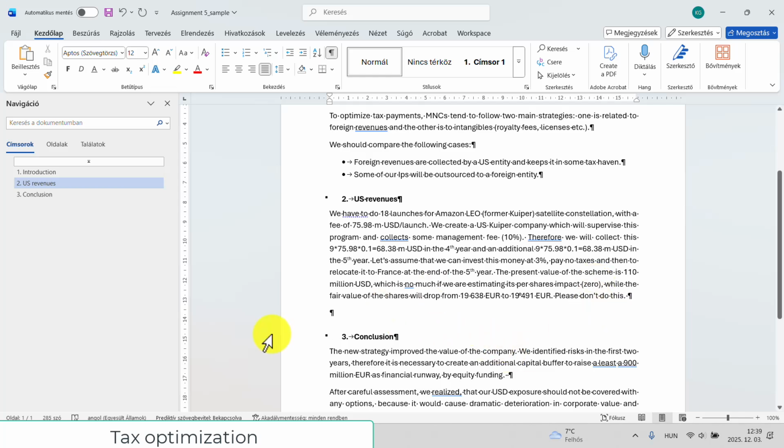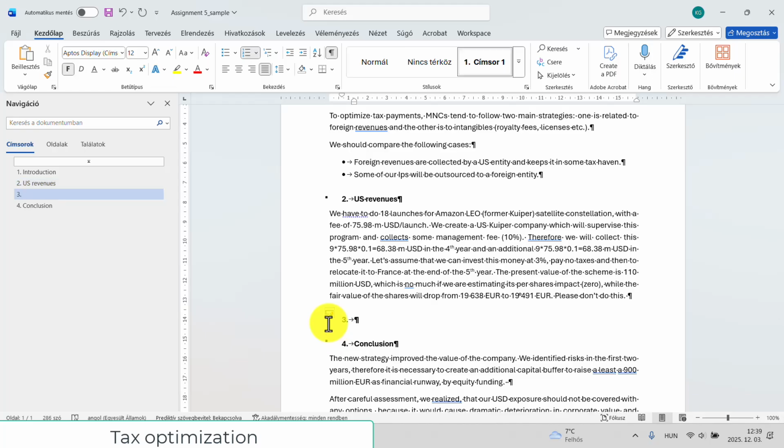Yeah, so that was the first case. The second case can be more interesting because in this case we are exploiting IPs, intellectual property rights.